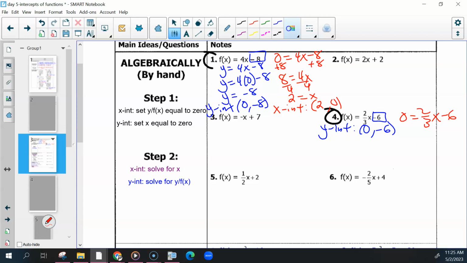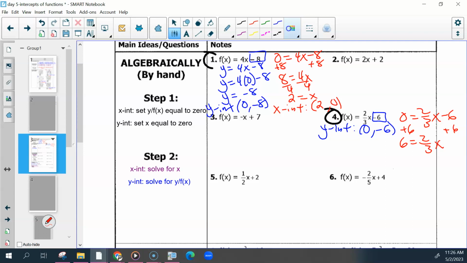Add 6 to both sides. And then how would we get rid of the 2/3? If you were on your phones and not paying attention. How do you think we would get rid of that fraction?